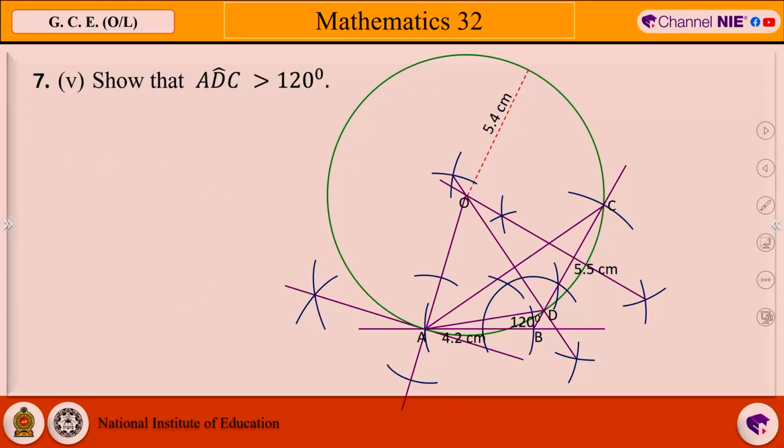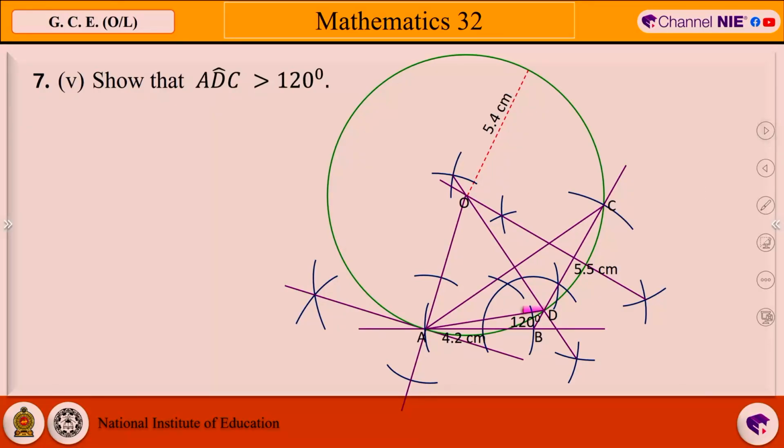Then at the last part of this question, we have to show that ADC is greater than 120 degrees. How do you show that? Earlier we constructed 120 degrees at B. Then we have to consider the angle ADC. Check whether you can find a relationship between these two angles.